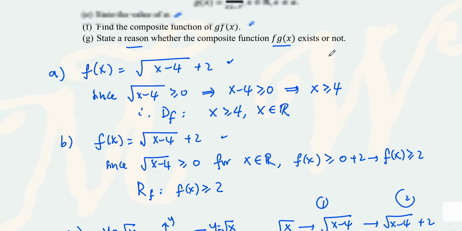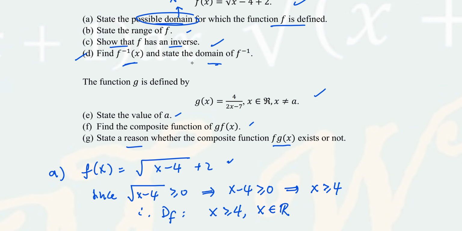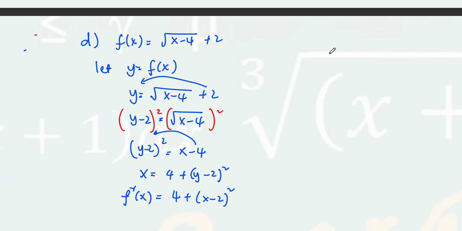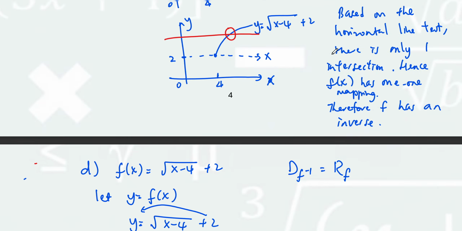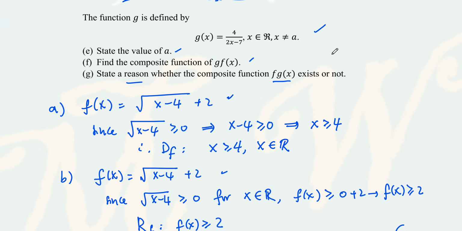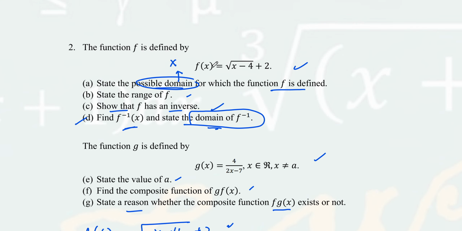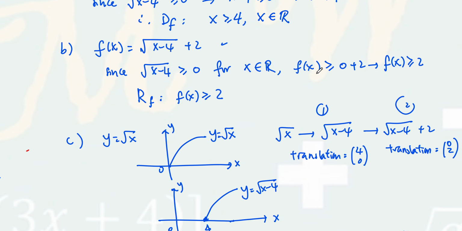And now the question is also asking for the domain of f inverse. So we know that the domain of f inverse equals the range of f. Now the range of f is very simple. You go back to the question over here. The range of f was already found: f(x) is at least 2.